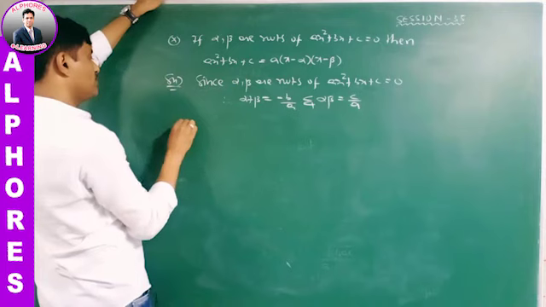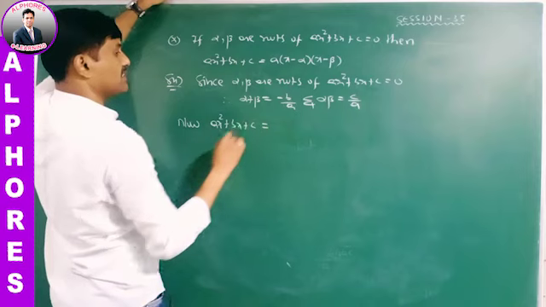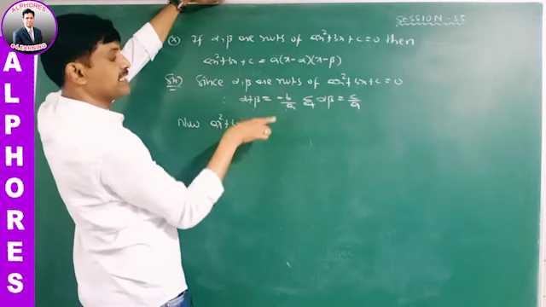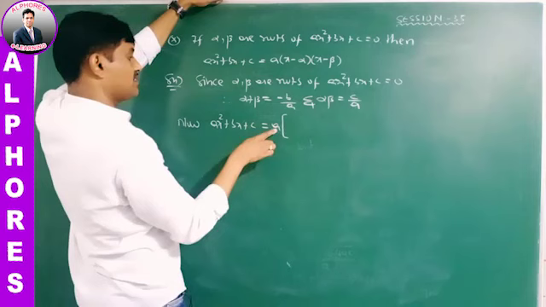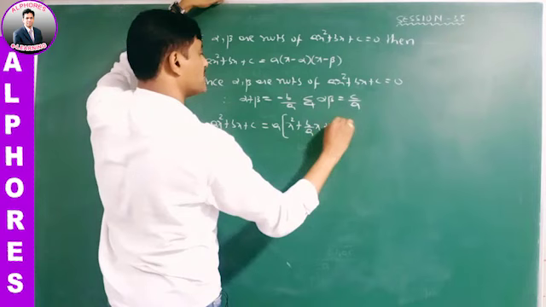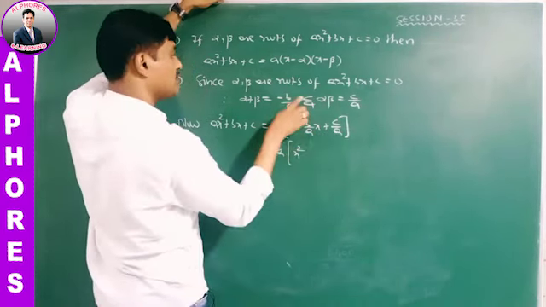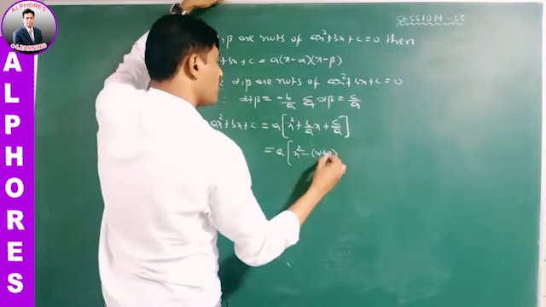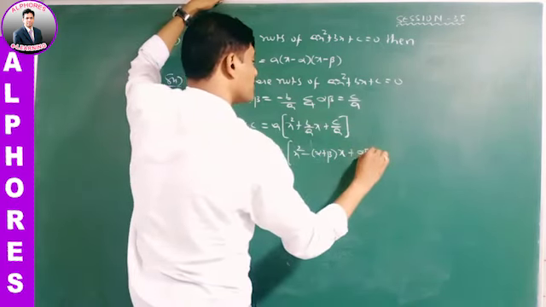Now as a x square plus bx plus c, we have to take a common, because we have to get minus b by a somewhere here and c by a somewhere here. That's why I took a common: this is x square plus b by a of x plus c by a. This is a times of x square, and b by a is minus of alpha plus beta times of x, c by a is alpha beta.